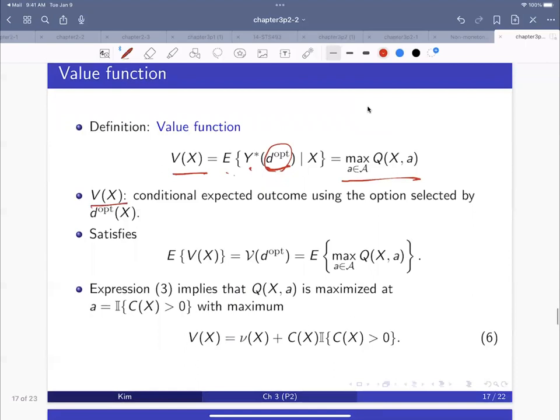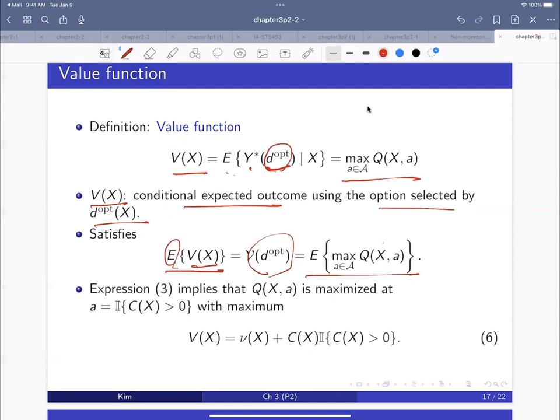The value function is the conditional expected outcome obtained using the option selected by the optimal rule. Of course, the expected value of the value function is the value of the optimal rule, which is the expectation of the best Q at each x point. We can choose the best option and then take the expectation.